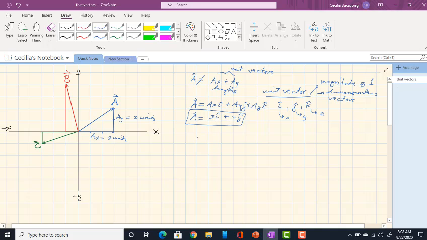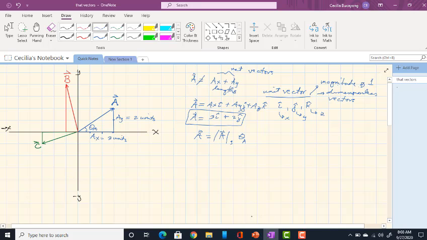Let's determine now the magnitude of our vector A. So what is our A now in terms of its magnitude and the angle, or theta A? So let's label this as theta A. So what is the magnitude if components are given?